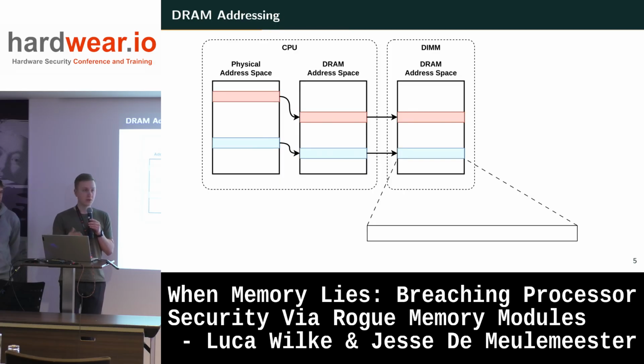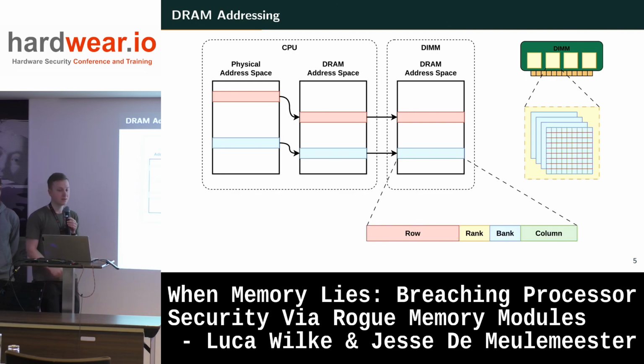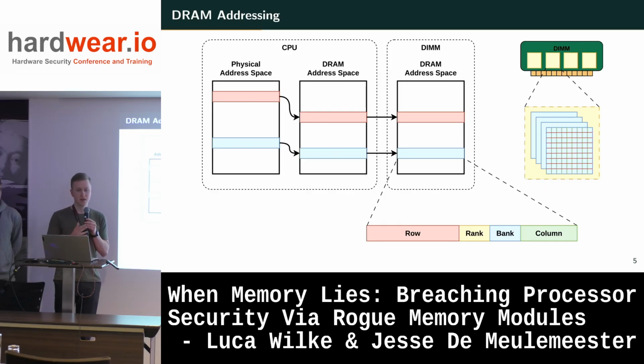And why do we have this translation step to begin with? This is mainly because, as we have already seen in many other talks, DRAM internally is organized slightly differently than this flat physical address space, in the sense that we have ranks, banks, columns, and rows, and the physical address space is some form of abstraction over that.